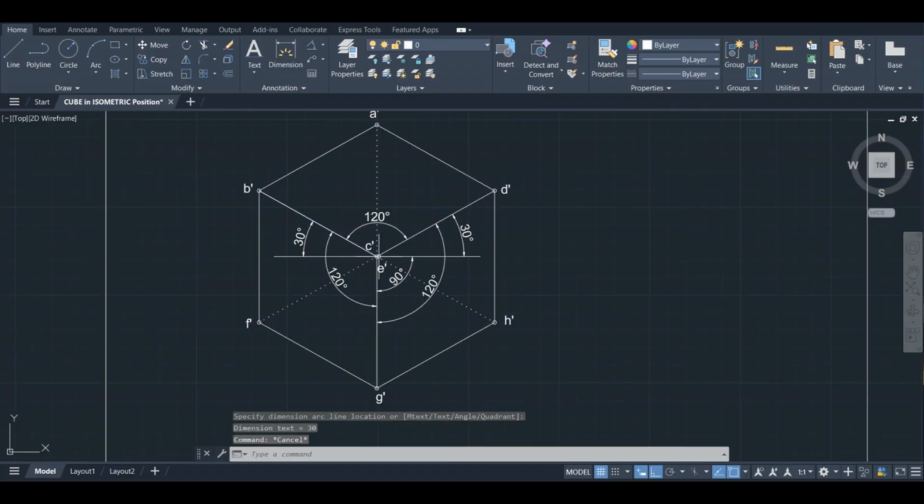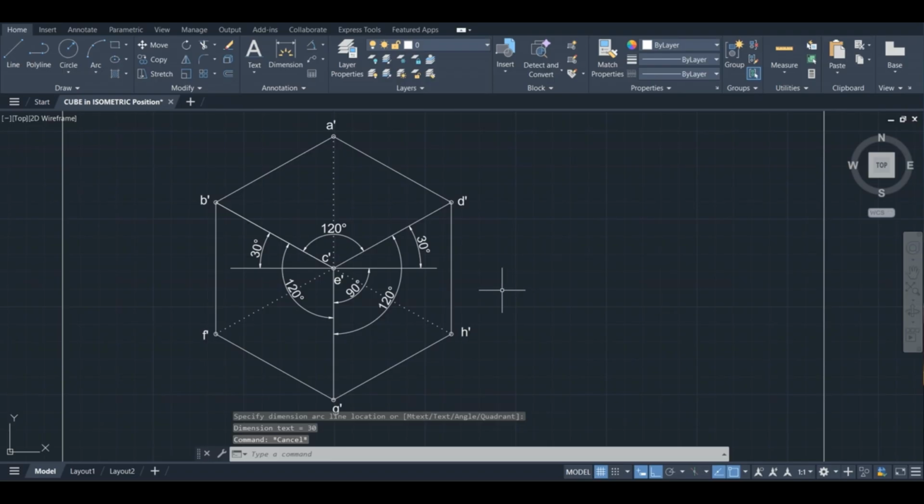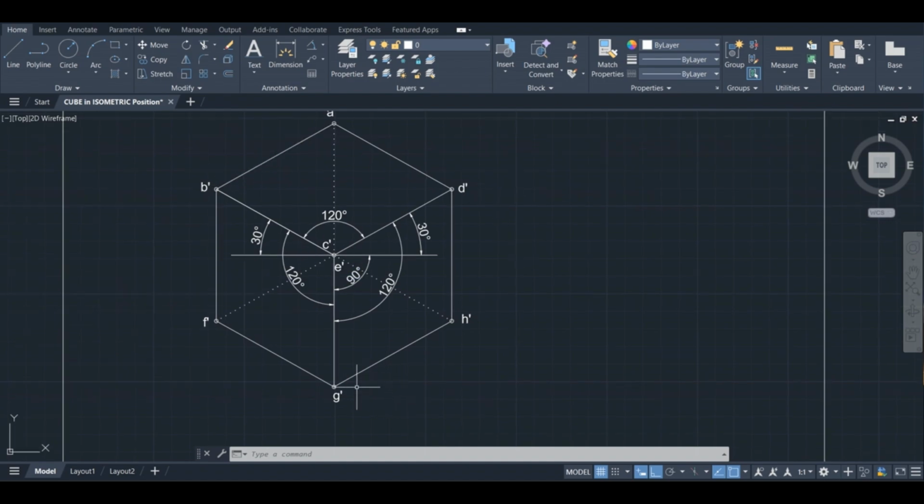So in this picture you can see the top plane ABCD, which we generally consider parallel to the ground or ground plane, and the remaining two isometric planes, CDHG is a vertical plane, and another plane BCGF is also a vertical plane.